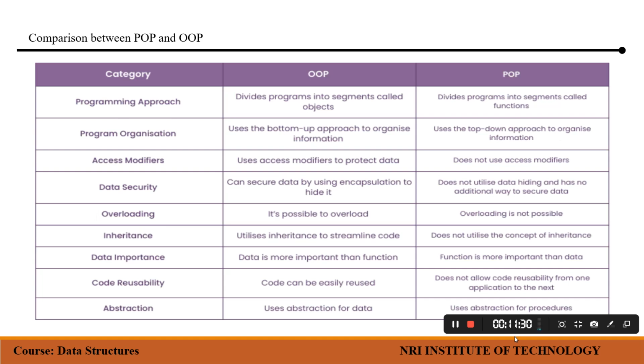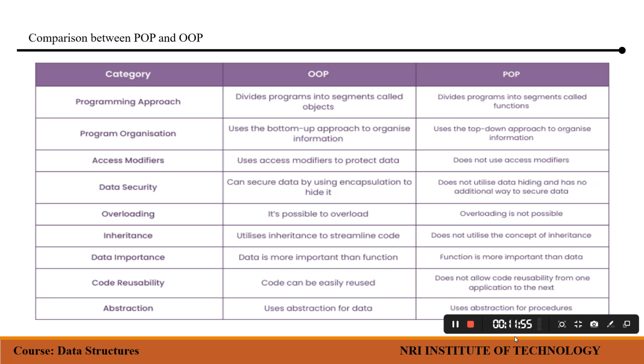So you can see the program approach followed by object-oriented programming is it divides the programs into segments which are also called as objects. Coming to the procedure-oriented programming, it divides the programs into segments which are called as functions. Program organization, it follows the bottom-up approach, and coming to the procedure-oriented programming, it follows top-down approach.